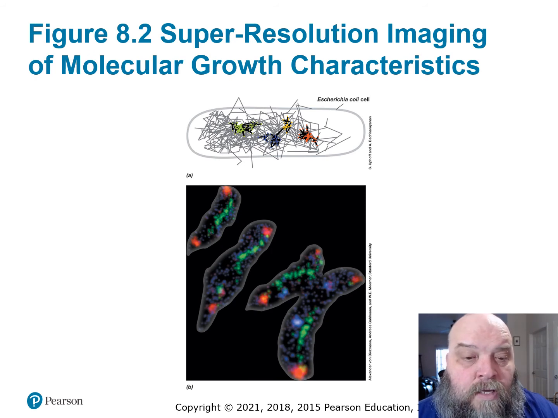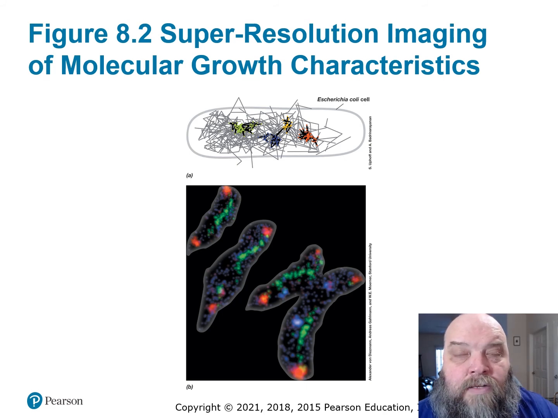So that way you can take multiple pictures of the same thing, as you see here. These are single cells. And notice the reds, the greens, the blues. I think there's even some yellows down there. All you have to do is get this into focus and then hit a button.